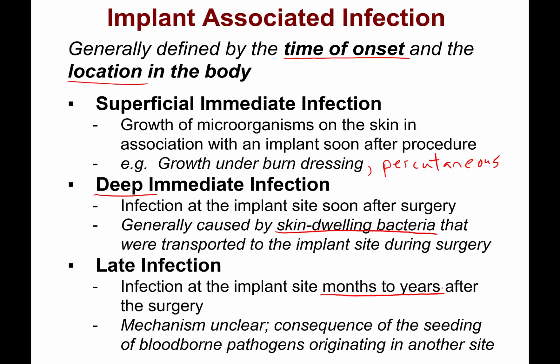And the mechanism on this is a little bit unclear, so it's still an active area of investigation. But it occurs because it's the seeding of bloodborne pathogens that originate at another site. But then if they're able to make it to the site of an implant, and then because of an affinity for that implant surface, they can start to grow and thrive there at that location in the body. So this has been observed with orthopedic implants like knees and hips.